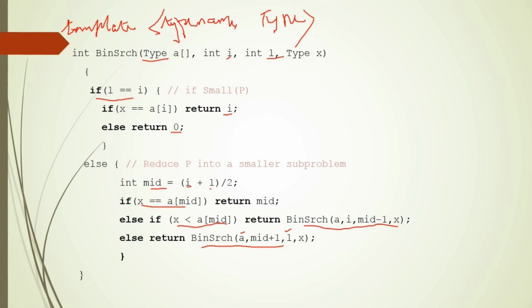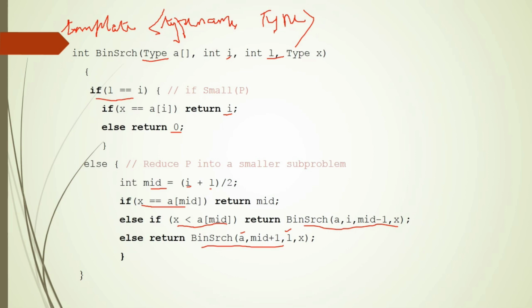So binary search, a small function where you do not divide the problem into sub-problems and directly obtain the solution, that is the element found or not found, when there is only one element in your array. The index I is the index of the first element in the array and L is the index of the last element. When I and L are equal, then I can say that there is only one element in the array.